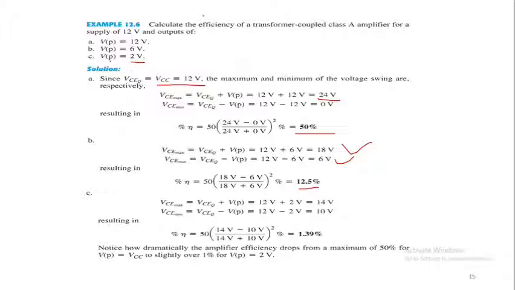And part C where VP is 2 volt means VCE max अब 14 वोल्ट है और VCE min अब 10 वोल्ट है, तो आपके पास परसेंटेज एफिशिएंसी है 1.39%. Notice how dramatically the amplifier efficiency dropped from a maximum of 50% for VP equal to VCC to slightly over 1% for VP equal to 2 volt.